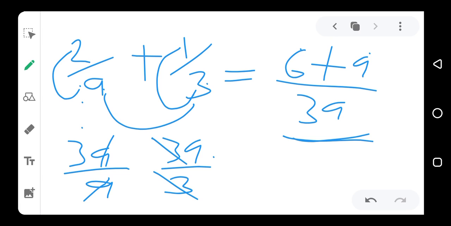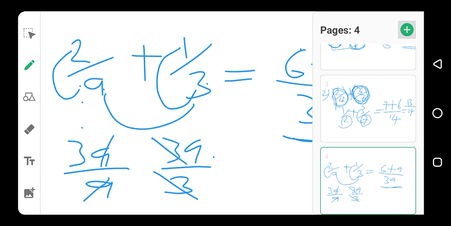Now, there is a case that we have a fraction that contains algebra, or algebraic fraction, and we are given the value of the alphabet. What we'll do is that at the end, we put the value of the alphabet that we have and then simplify it further.